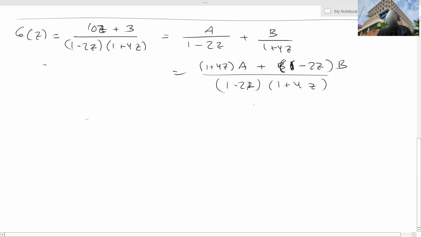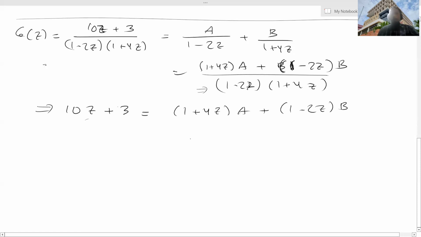So therefore, by equating both sides, because the denominator is not 0, we have that 10z + 3 is equal to (1 + 4z) times A plus (1 - 2z) times B.